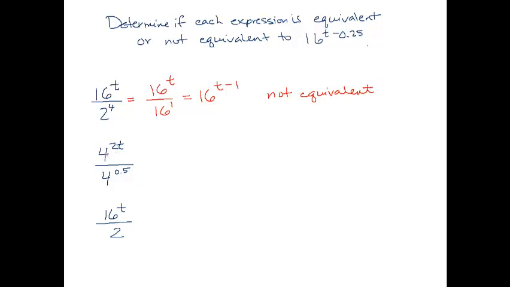Okay, these both have a base of 4. That means we can do the same rule with subtraction. We could turn this into a 4 with an exponent of 2t minus 0.5. Okay, so let's see. Is it possible to turn this into this easily?